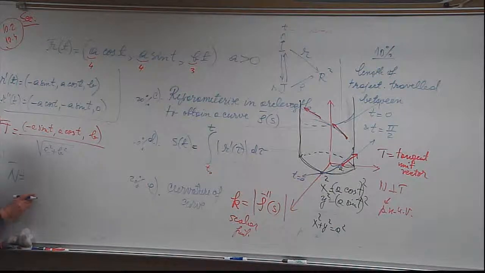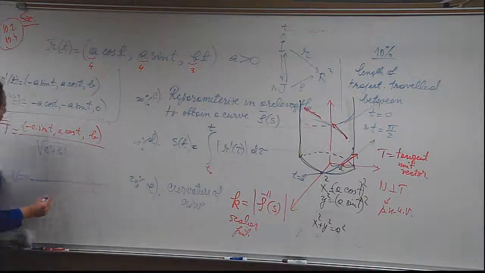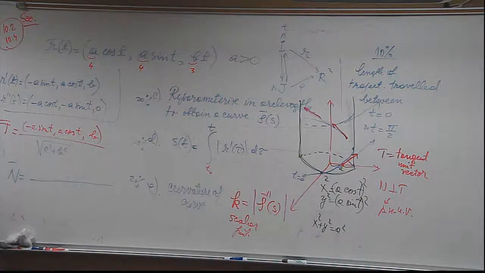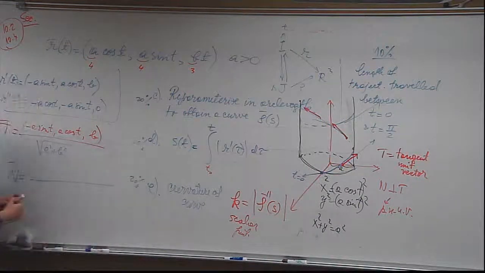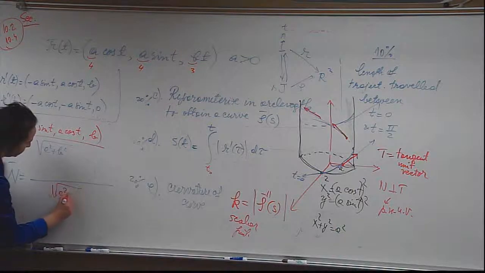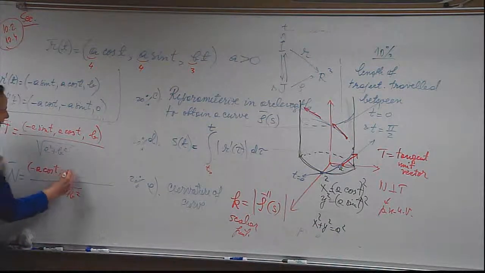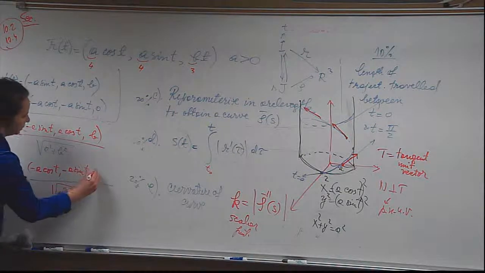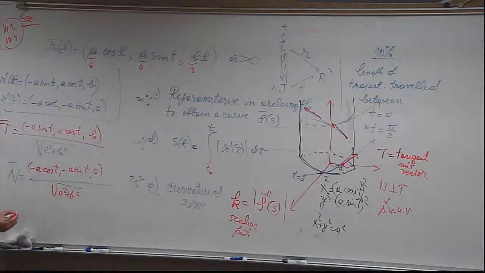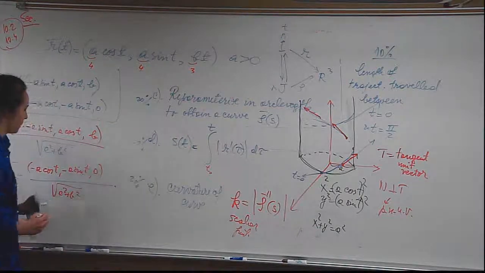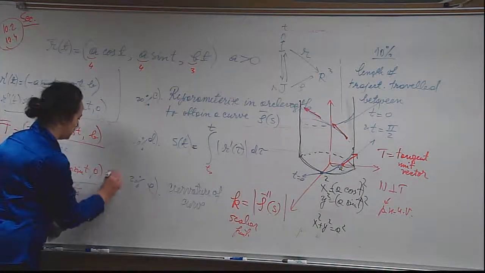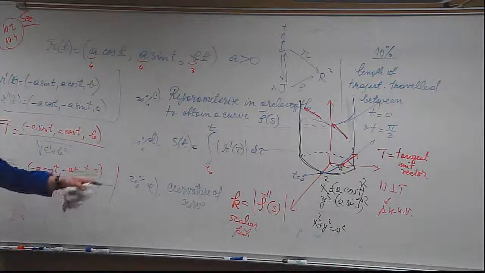Now, let's go on and do the n. The n will be t prime over magnitude of t prime. When you do t prime, you'll say, wait a minute, I have square root of a squared plus b squared on the bottom. On the top, I have minus a cosine t, minus a sine t, and 0. Divided by the magnitude of this fellow.